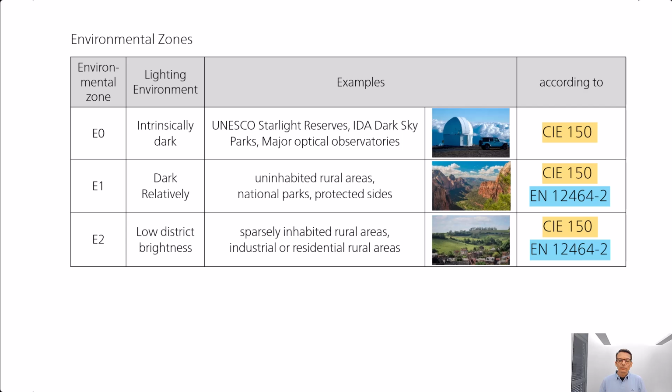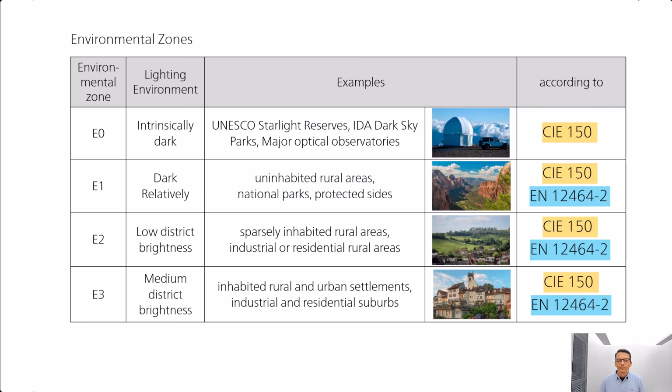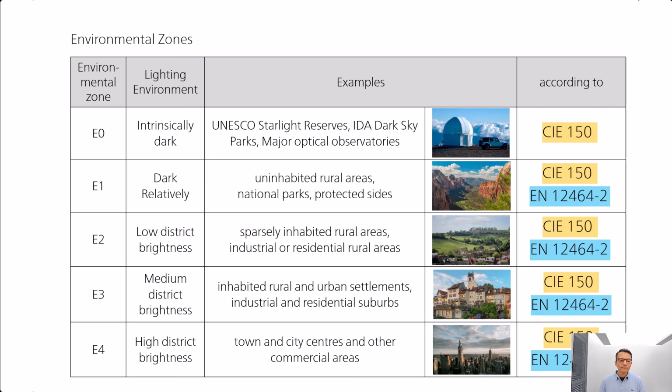E2, low district brightness: sparsely inhabited rural areas, industrial and residential rural areas. E3, medium district brightness: inhabited rural and urban settlements. And lastly E4, high district brightness, which means town and city centers and other commercial areas. Please consider in which of these environmental zones your project is located. If you do not know this, please ask your local authorities.